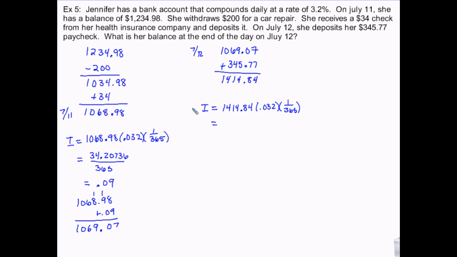So I do 1414.84 times 0.032, and that gives me 45.27488, divided by 365. And so she earns 12 cents. And so for the next day, when they start her bank balance for any calculations, it would be $1414.96. That would be her balance.